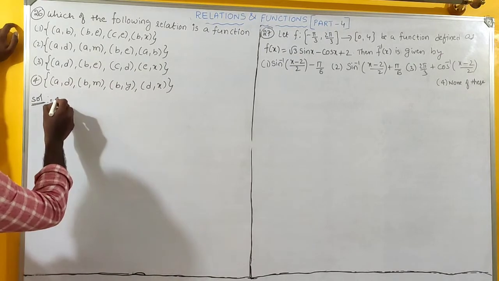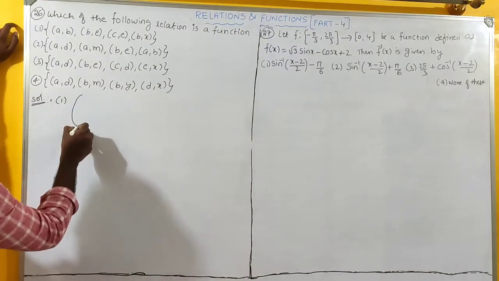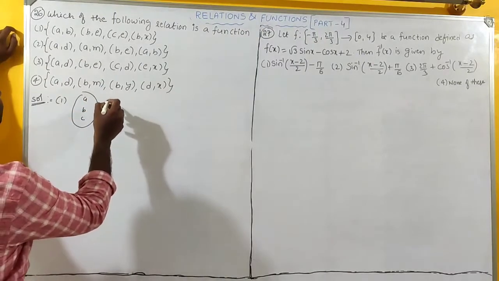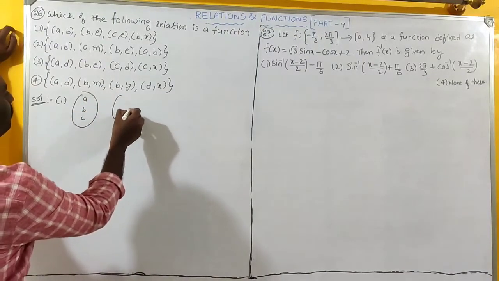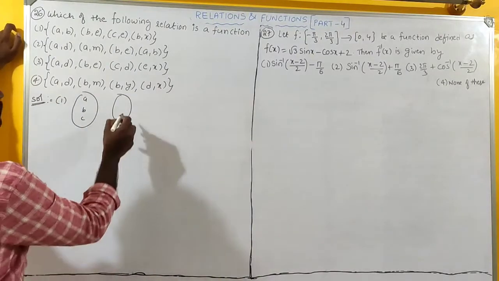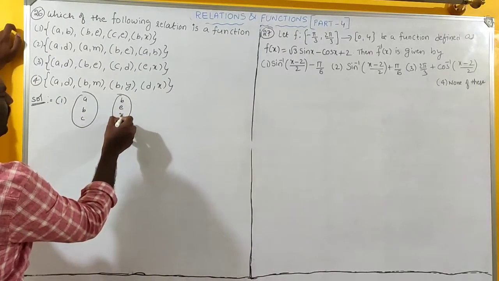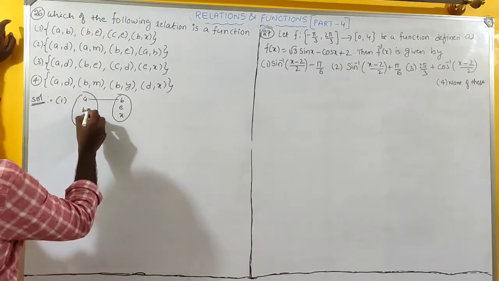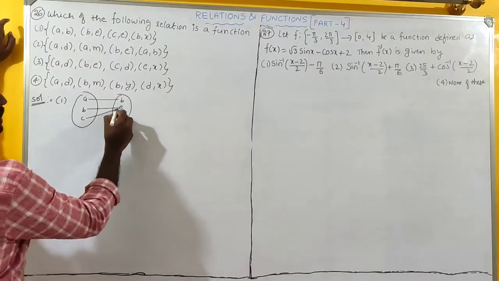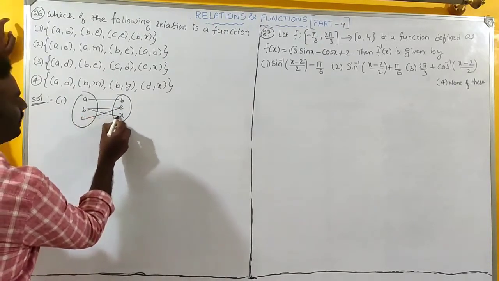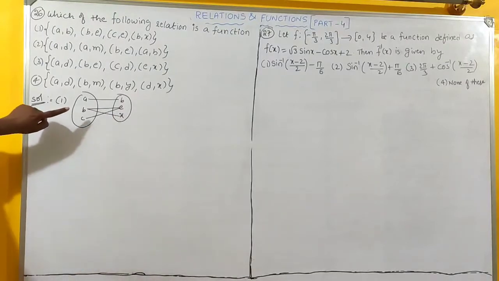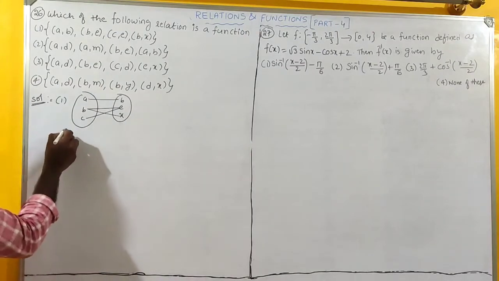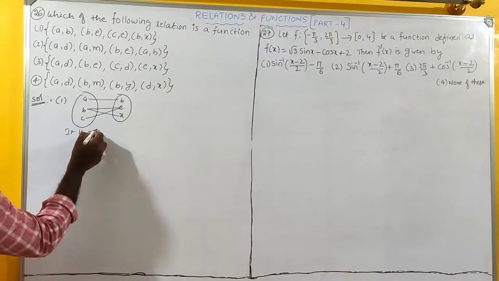If I take the diagram for the first option, A, B, C, the pairs are A comma B, B comma E, C comma E, B comma X. A single element having 2 images, so it is not a function.